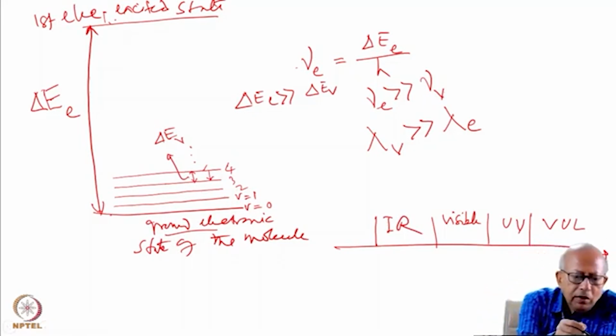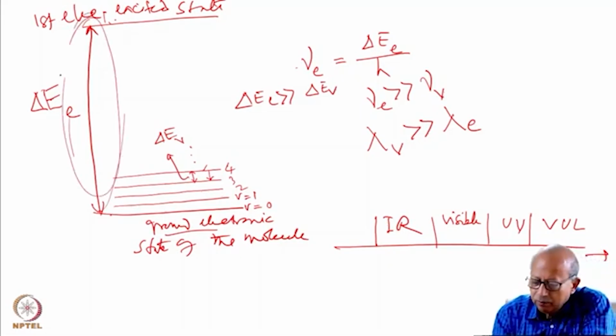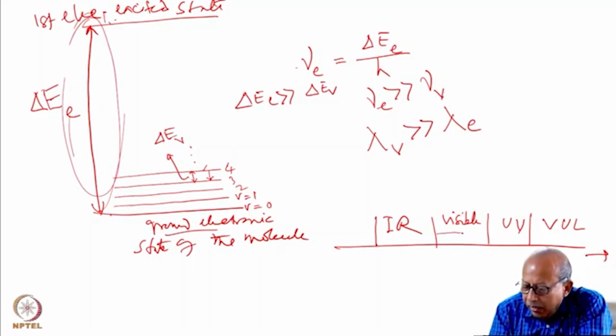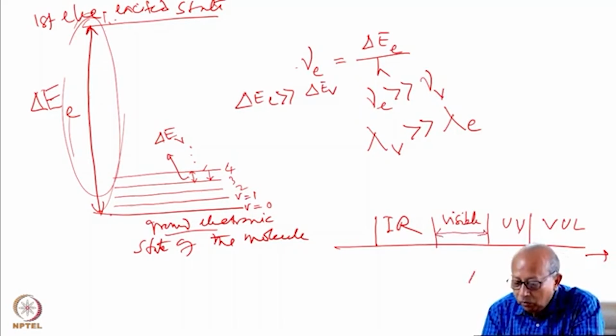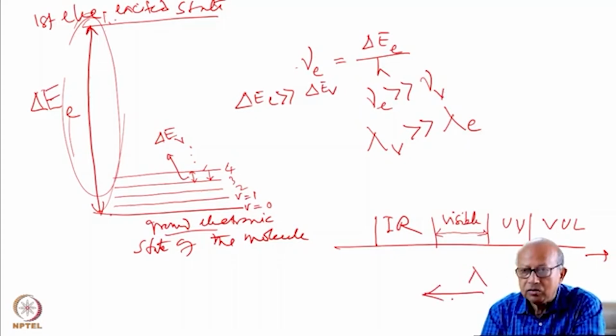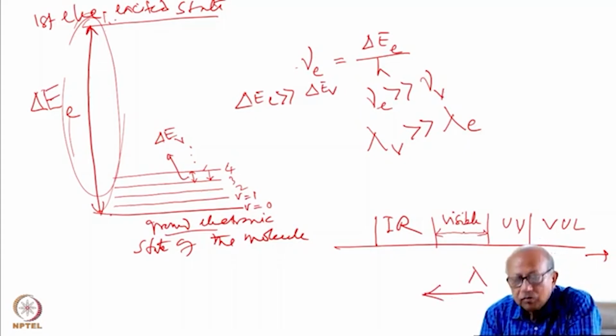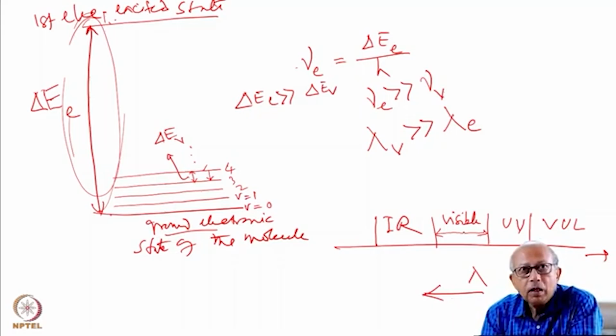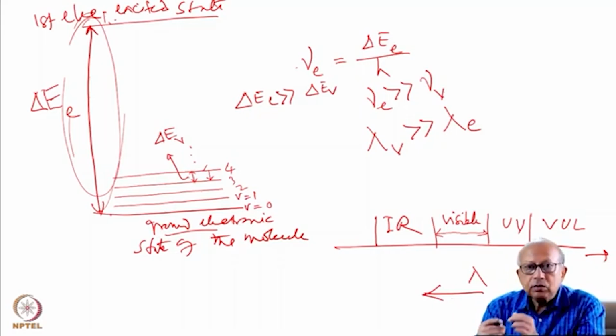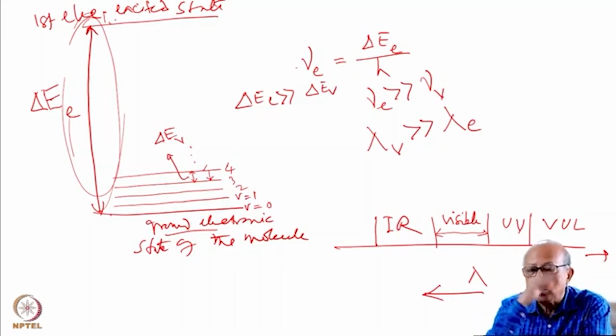Now these electronic transitions, atomic transitions, usually emit light that spans across this visible region. So the wavelength increases in this direction. And this is for the outermost electrons.